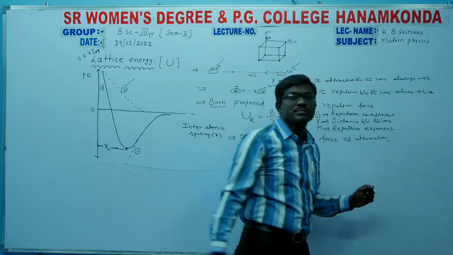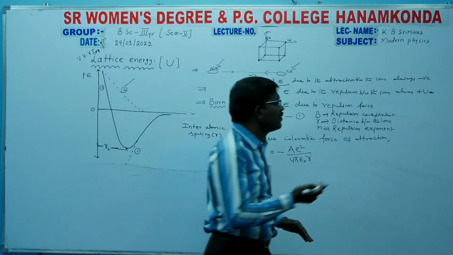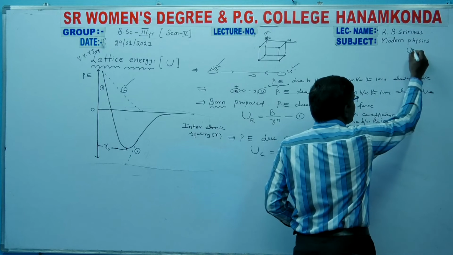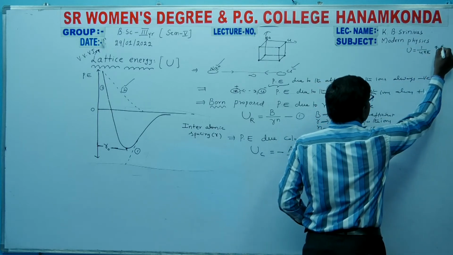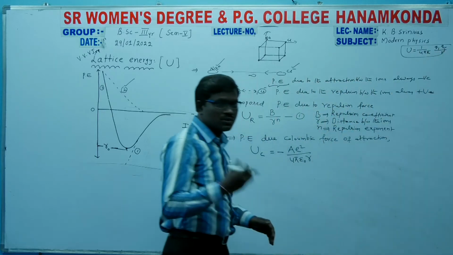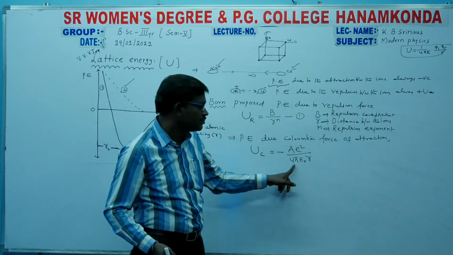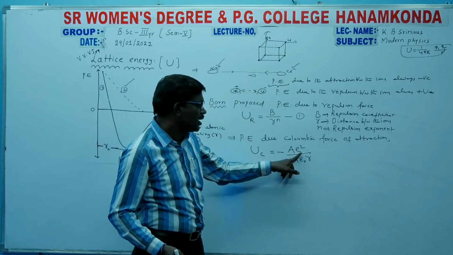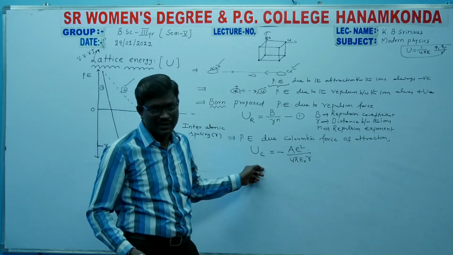During the electromagnetism semester only I have explained and derived this expression, that is U is equal to 1 by 4 pi epsilon naught Q1 Q2 by R. Here I am using this expression. So after using that expression, finally we get this type of expression, that is A E square by 4 pi epsilon naught R. We have to remember this expression directly.